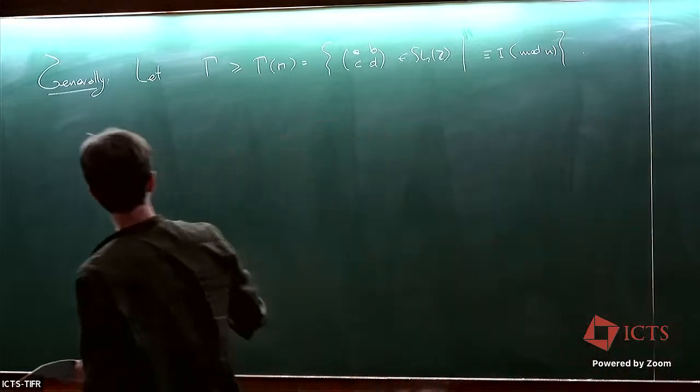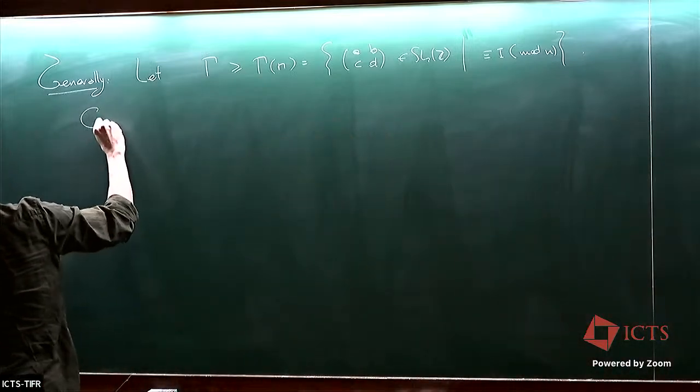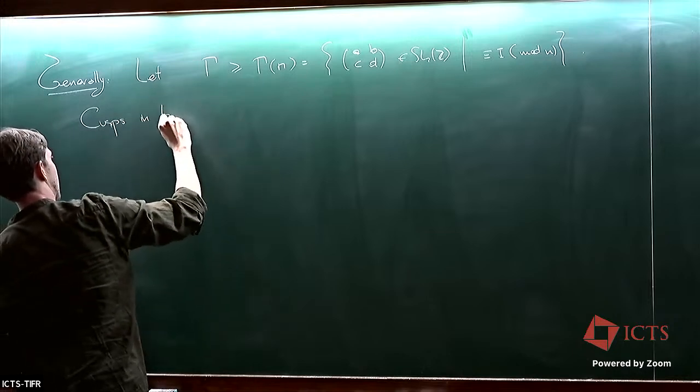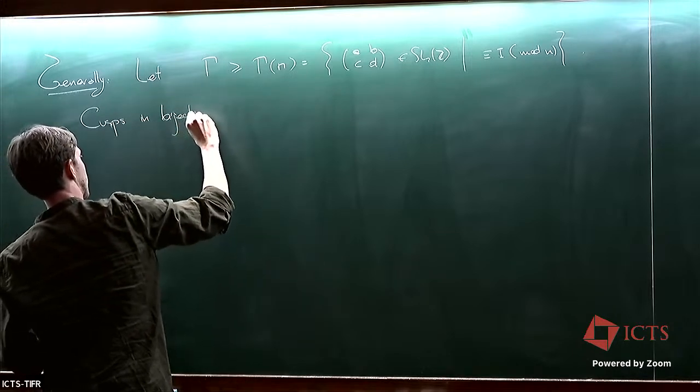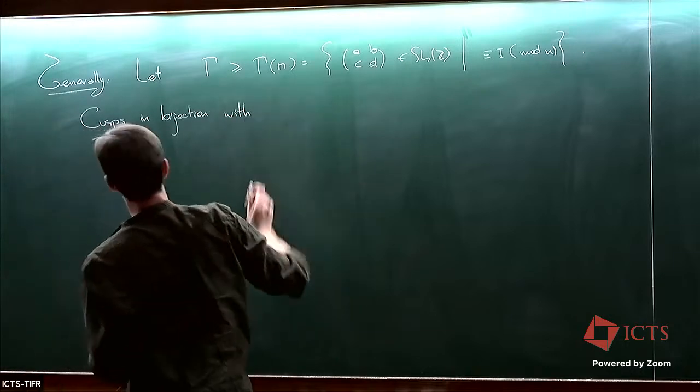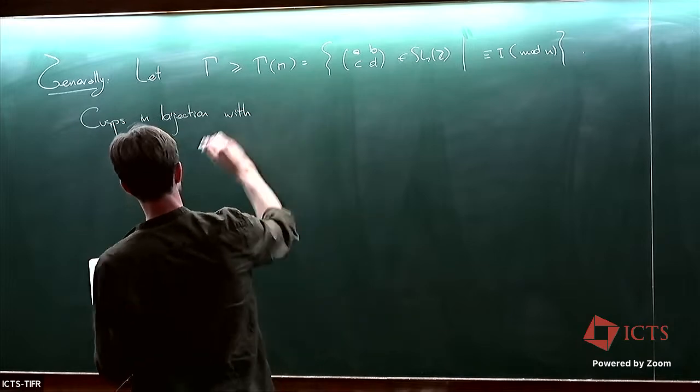So this is a general congruence subgroup, and the cusps will be in bijection with a double coset that's very computable in general.